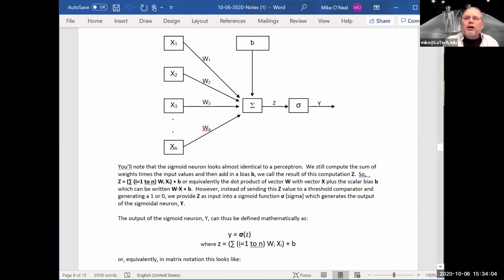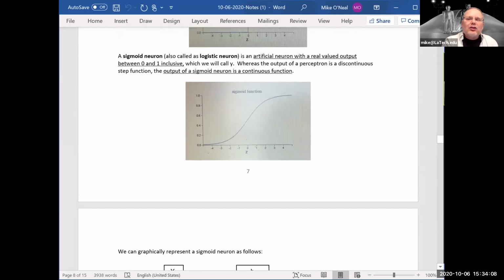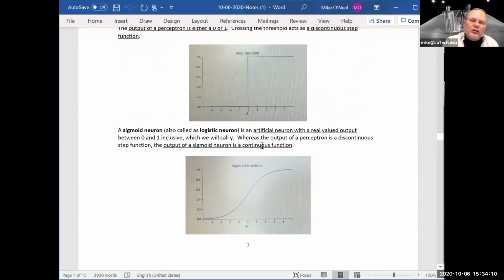Well, because the sigmoid function is essentially a continuous version of what we were already using in perceptrons. Perceptron outputs are either 0 or 1, but if you want to be able to differentiate, which we're going to have to do, a function can't be discontinuous. So the sigmoid function does the same thing.